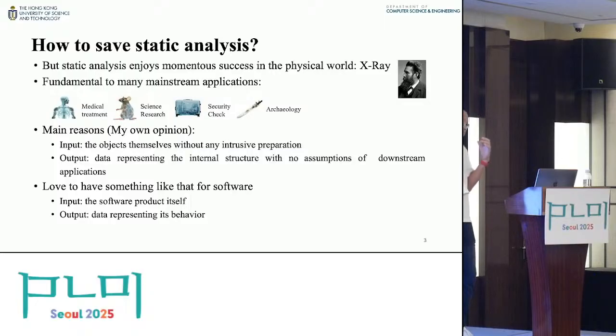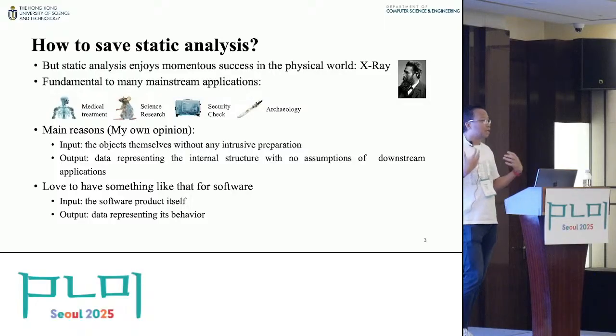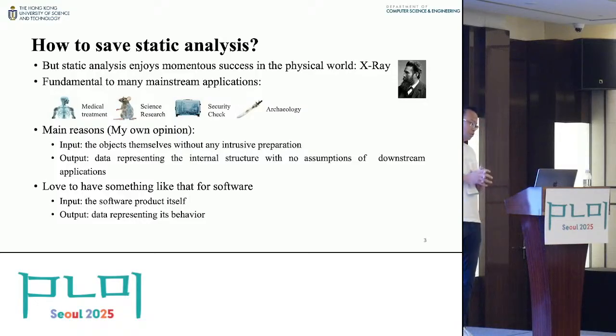So I keep wondering how we can learn from that. The two things that attract me the most are, first, X-ray is very easy to use. In addition to giving a good image of what's inside of you or the objects, it is very easy to use without any intrusive preparation.